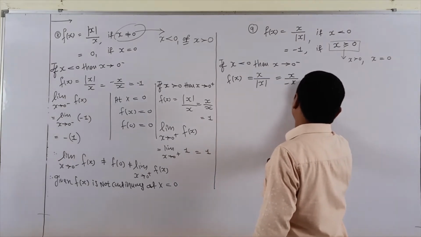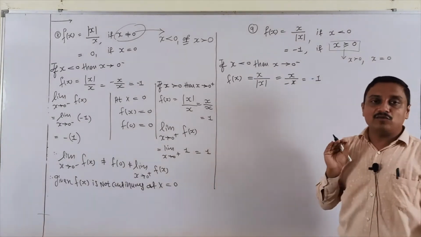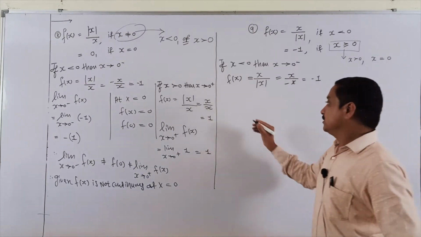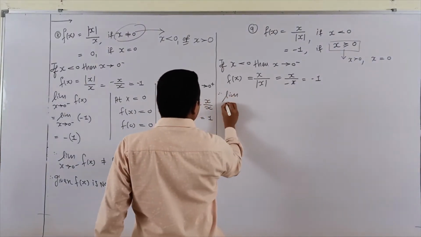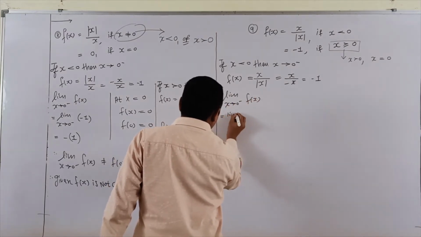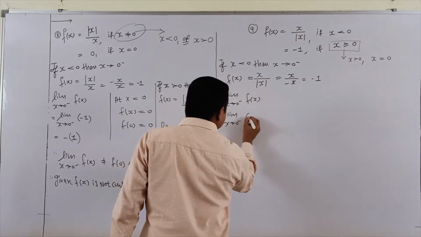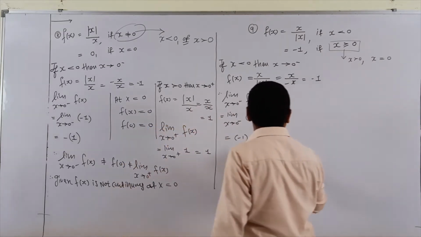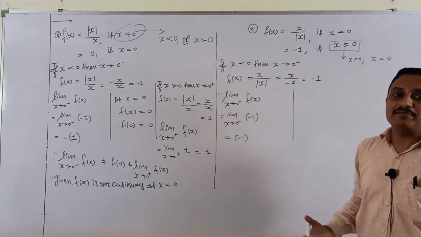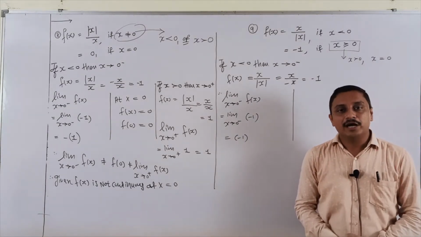But mod x I take as minus x, because I want the left hand side limit. That's why the limit as x tends to 0 negative of the function is -1. So the first case, for the left hand side limit, students, we are happily done.